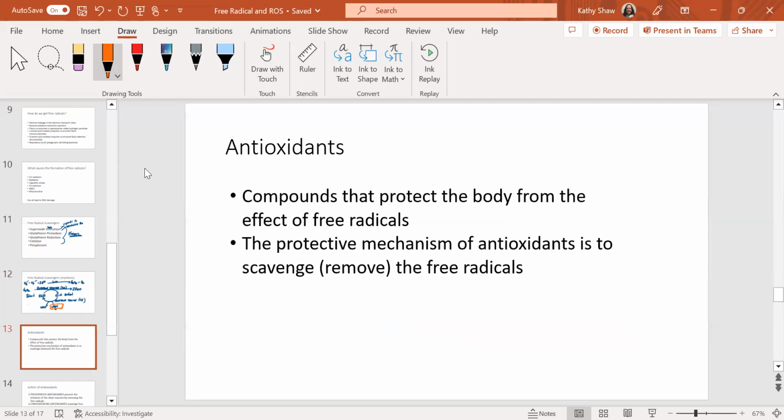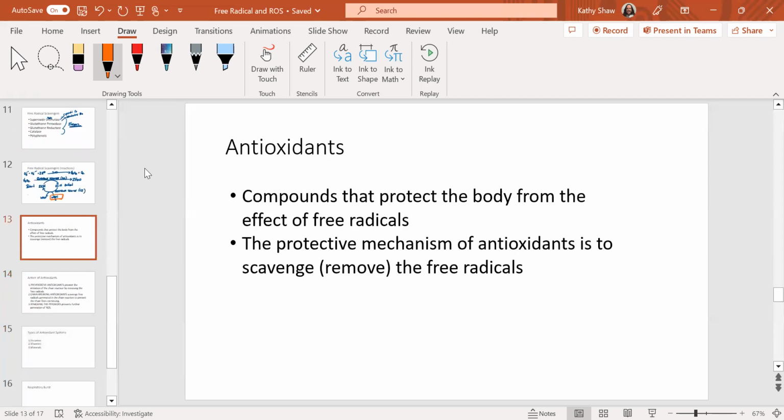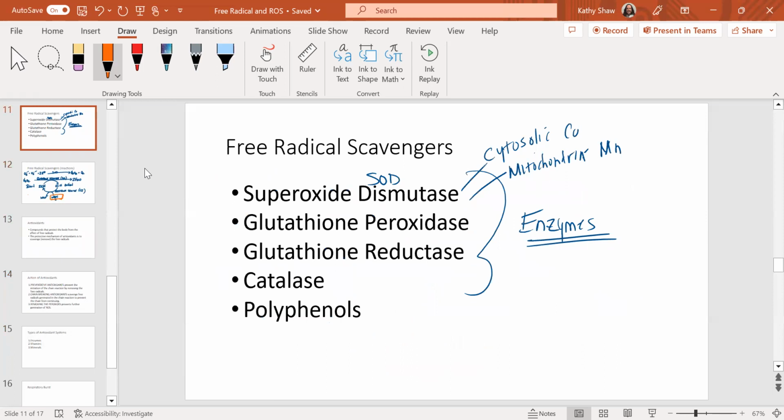So our antioxidants, like we said, are compounds that protect the body from free radicals. So their protective mechanism is to scavenge up, to remove those free radicals and get rid of them. Actually, let's go back for a second. We forgot catalase here.